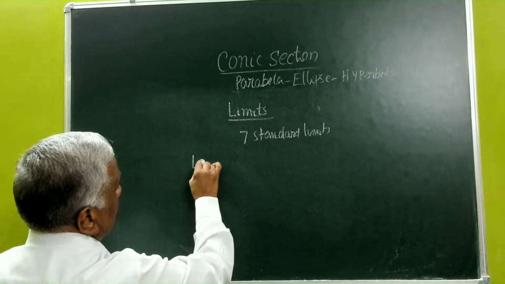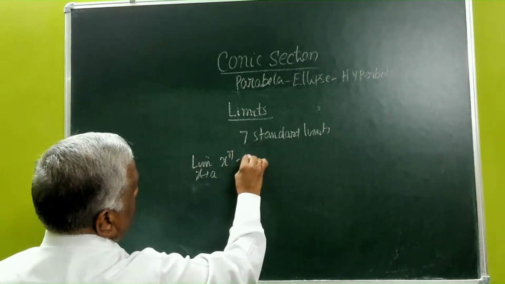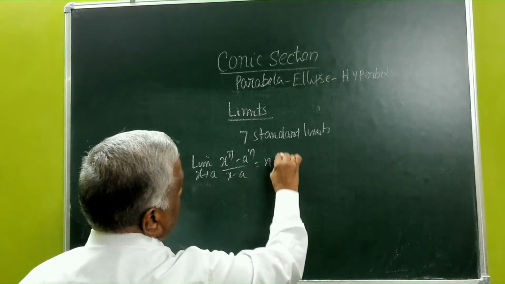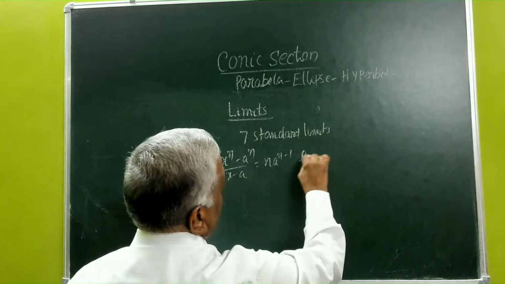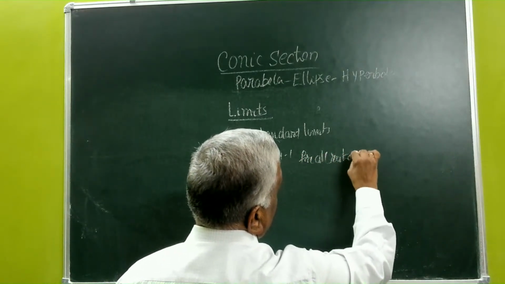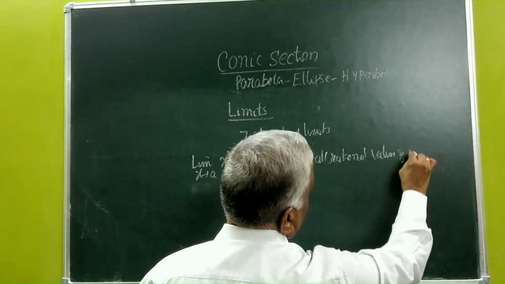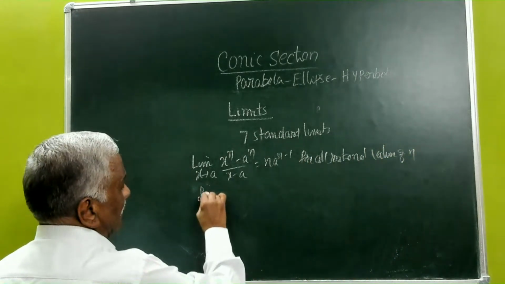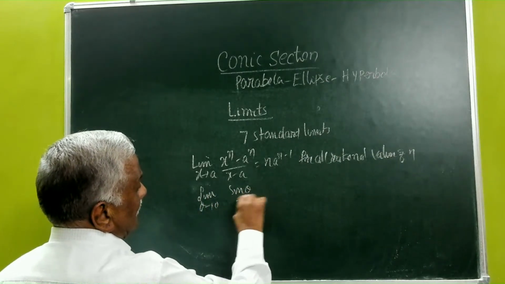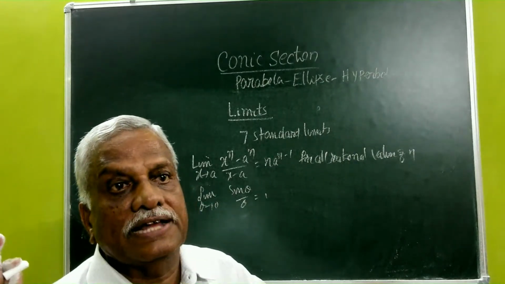The first one is limit x tends to a, x to the power of n minus a to the power of n by x minus a, is equal to n a to the power of n minus 1, for all rational values of n. Then limit theta tends to 0, sin theta by theta equals 1, tan theta by theta equals 1. There are 7 standard limits that I am not going to discuss.